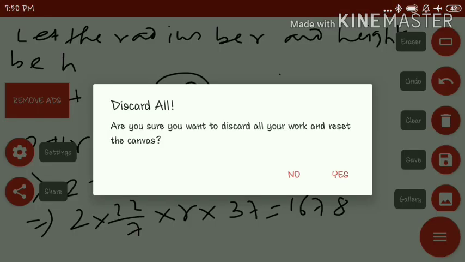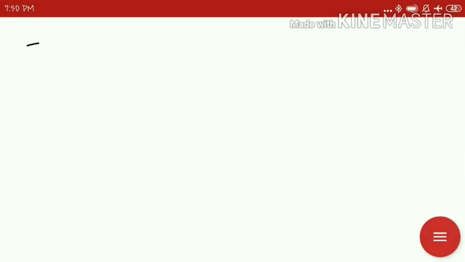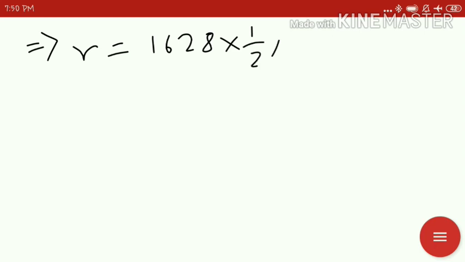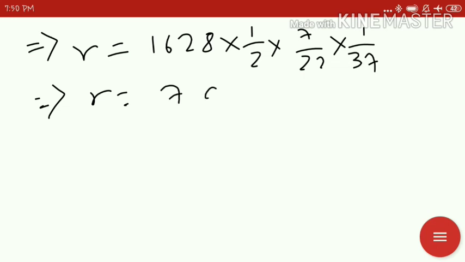So r equals 1628 into 1 by 2, 7 by 22, into 1 by 37. Now if you do the cancellation, you will get r equals 7 centimeter.